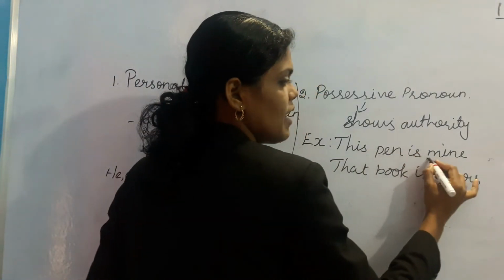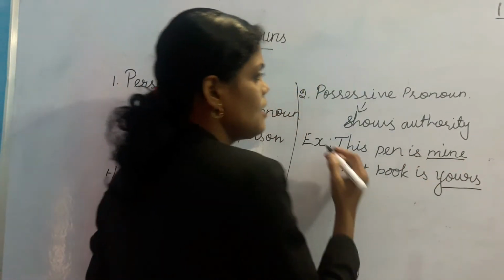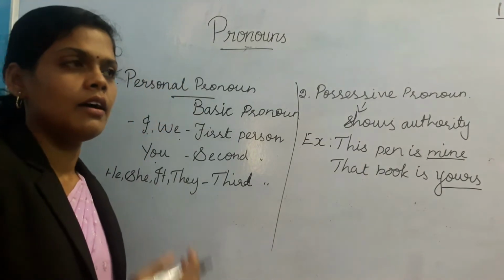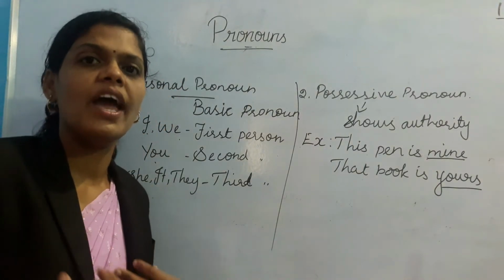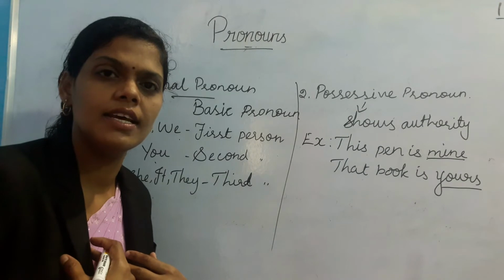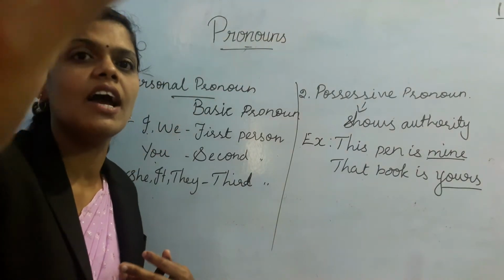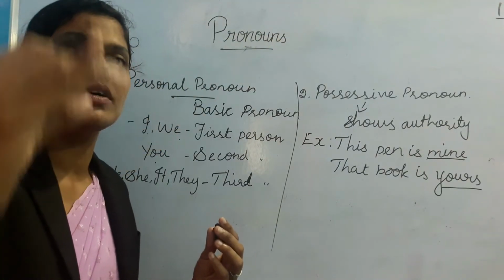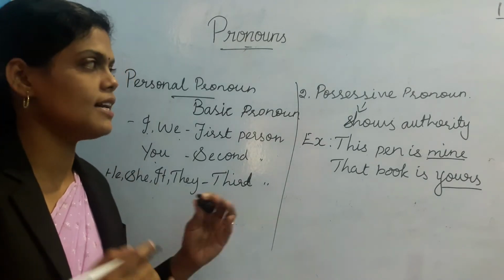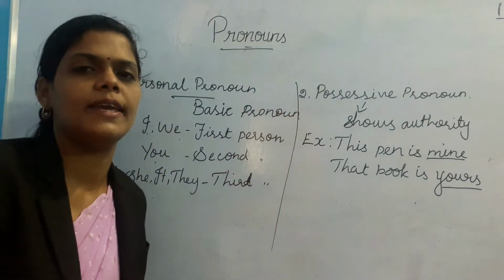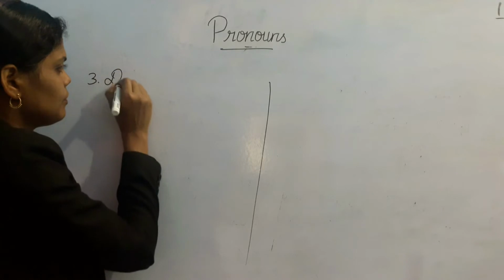In this sentence, mine is a possessive pronoun, yours is a possessive pronoun. The authority which we have towards our own belongingness, and which she or he has towards his own or her own belongingness, comes under possessive pronoun. Now, demonstrative pronoun.